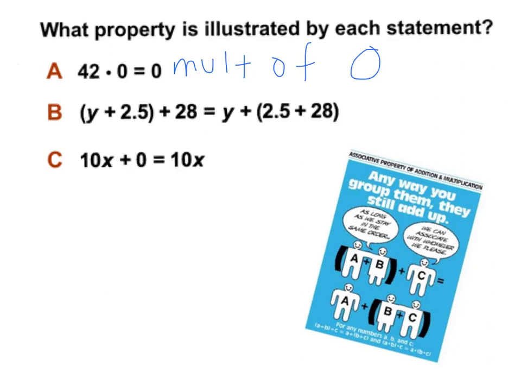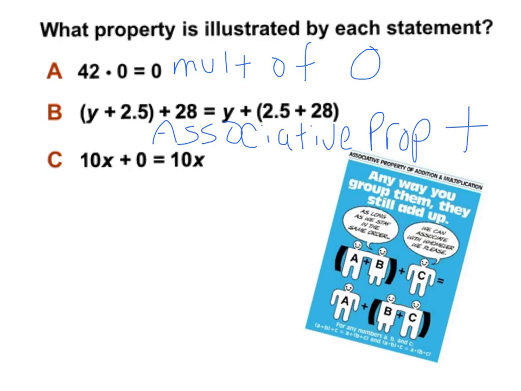And then in the second part, we're taking 2.5 plus 28 first. So if we notice, our parentheses move, so this is going to be our associative property, because it's changing how things are associated, of addition because it's addition.